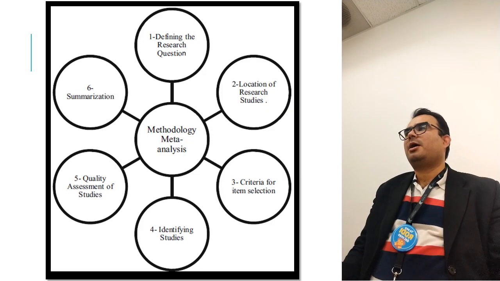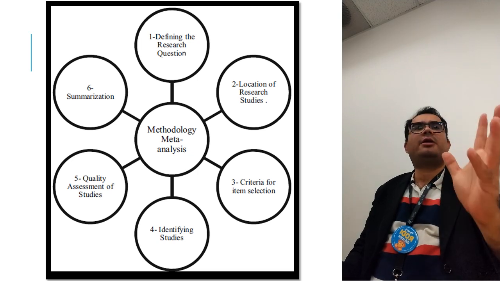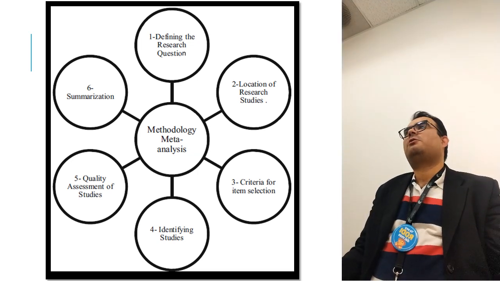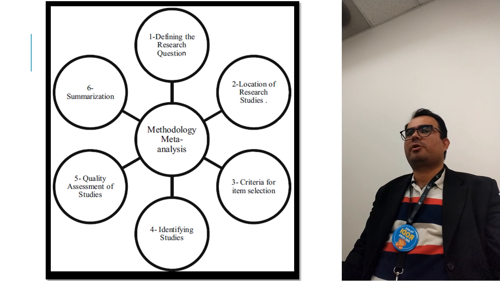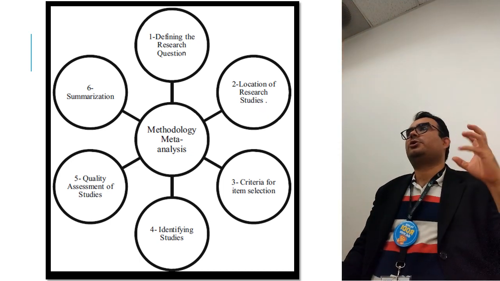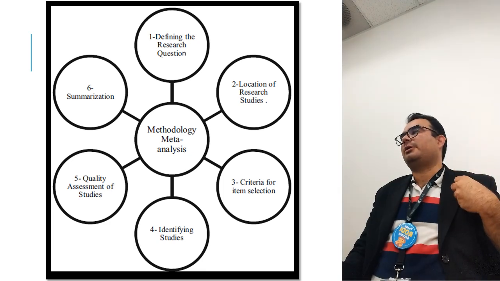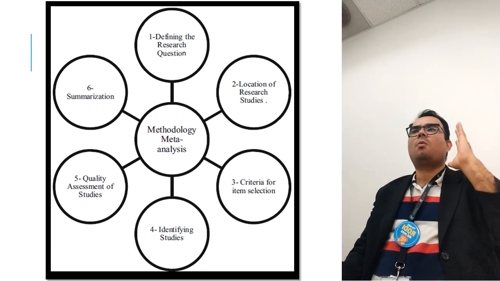Meta-analysis. This is what I want to share. Guys, there is not a single defined methodology for management or industrial projects. The steps that you see there, you can use some of them, you can add steps, you can subtract steps. There is not one methodology.